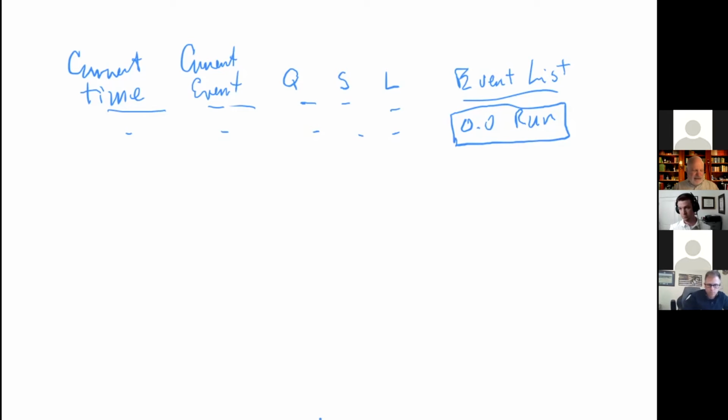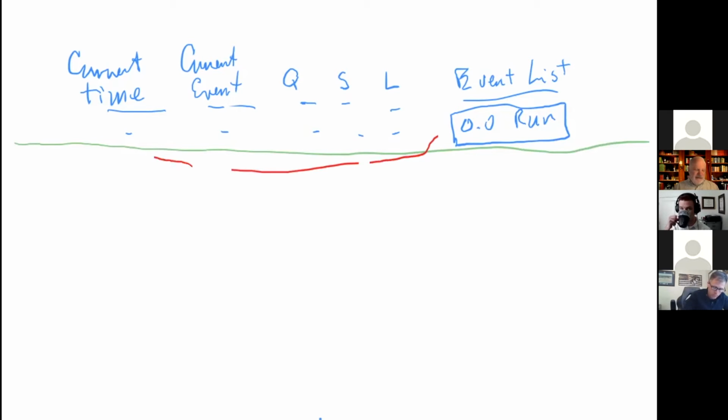I'm going to draw a line here that says this is where we're at. Now the event list logic that we talked about is to advance time to the earliest scheduled event. What's the earliest scheduled event? It's the run event. So that now becomes our current event.